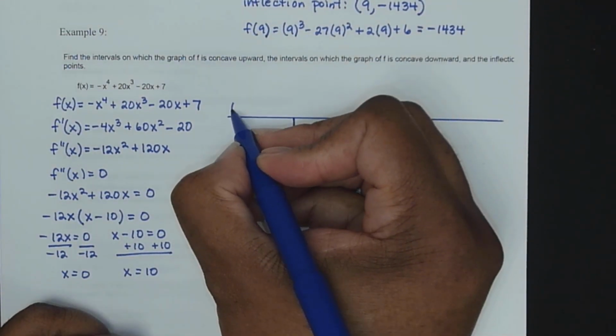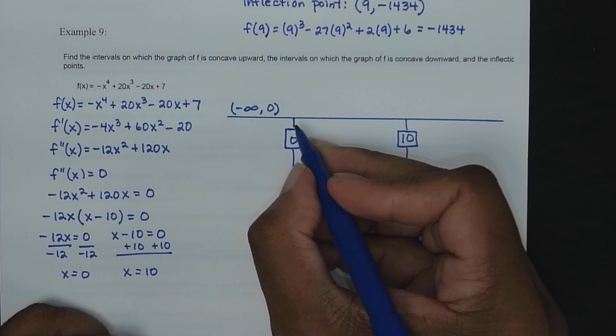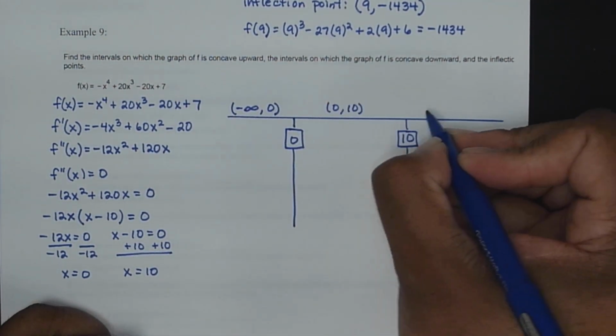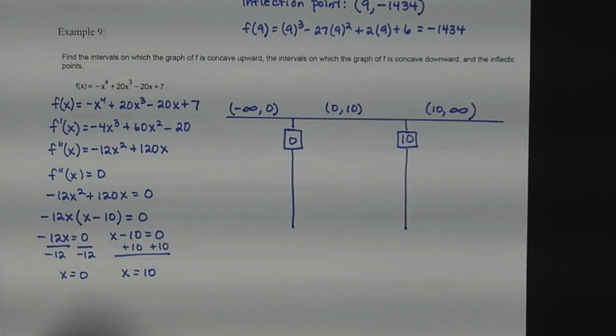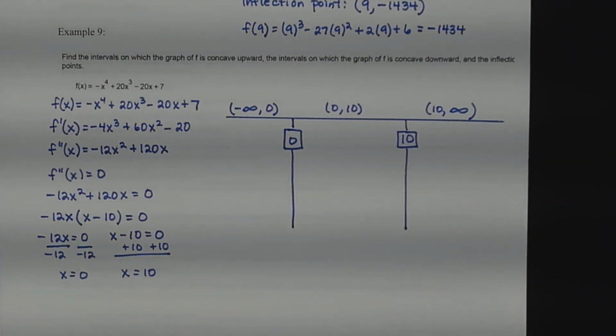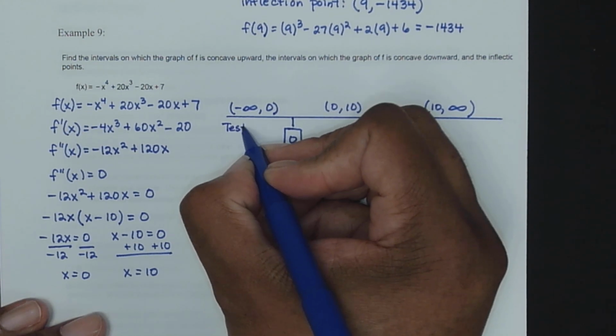One of them would be from negative infinity to 0. The other one is from 0 to 10. And then the third one will be from 10 all the way out to infinity. In each interval, I'm going to select a test value. So for negative infinity to 0, I'm going to test, let's say, x equals negative 1.